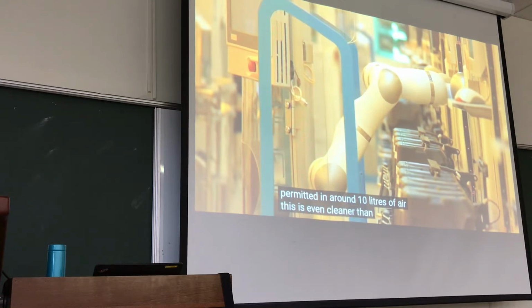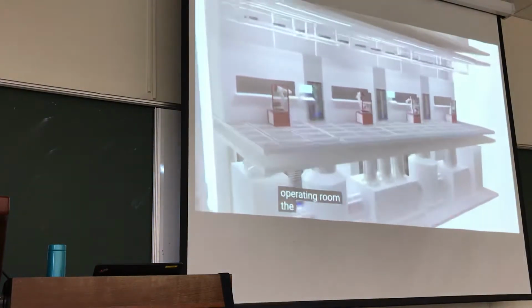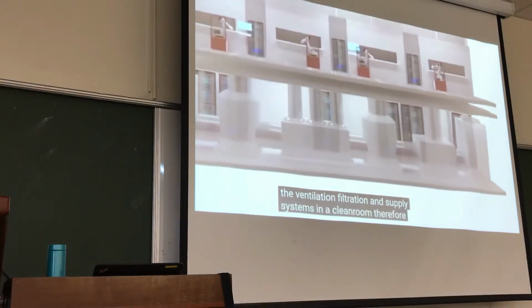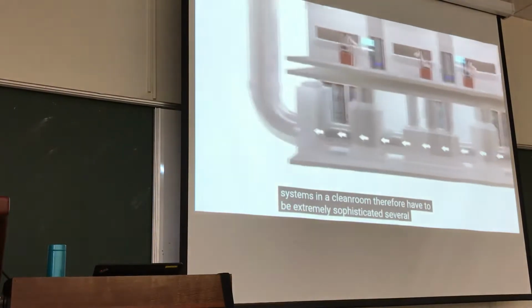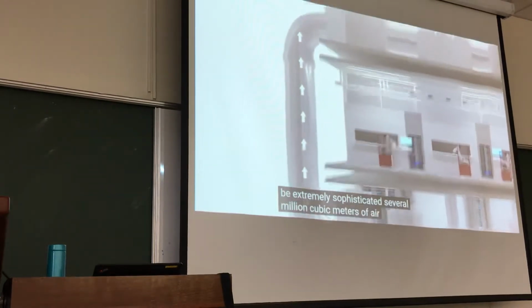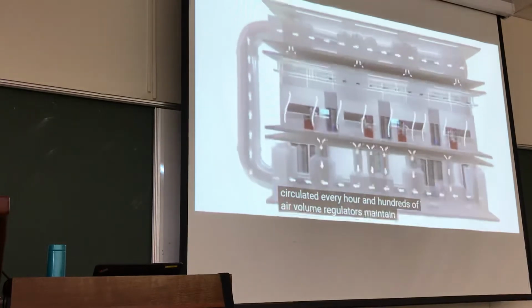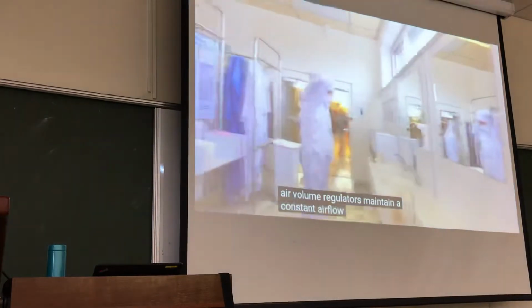This is even cleaner than the air in an operating room. The ventilation, filtration, and supply systems in a clean room therefore have to be extremely sophisticated. Several million cubic meters of air are circulated every hour, and hundreds of air volume regulators maintain a constant airflow.